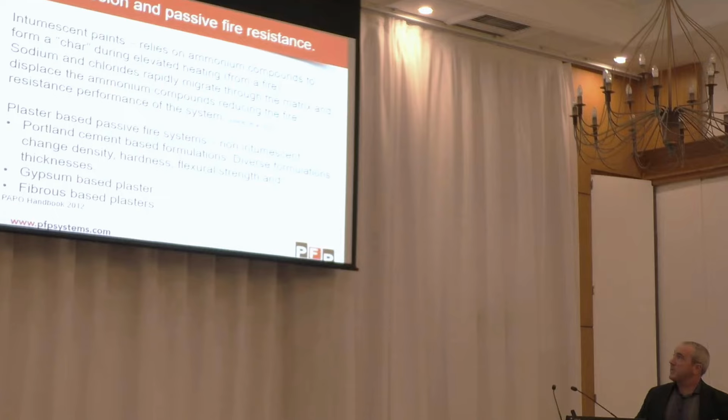Plaster-based passive fire systems, or non-intumescent, for example, the most popular of the coating systems are the Portland cement-based formulations, and there's a whole variety of formulations which change the density, hardness, flexural strength, and thicknesses.